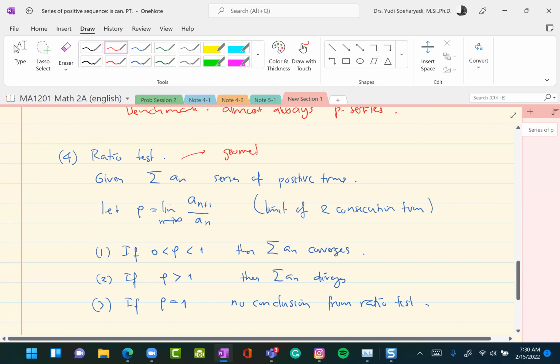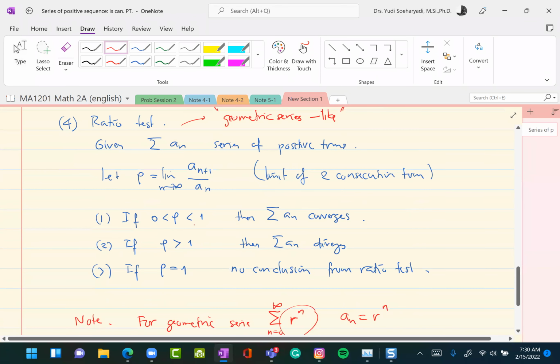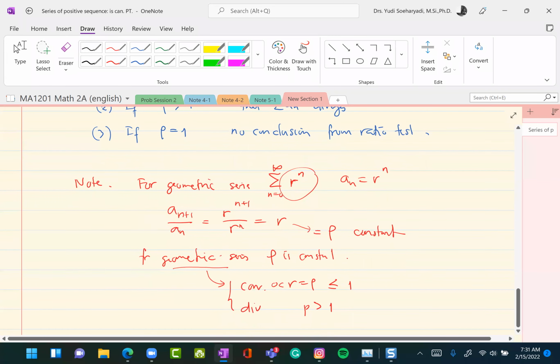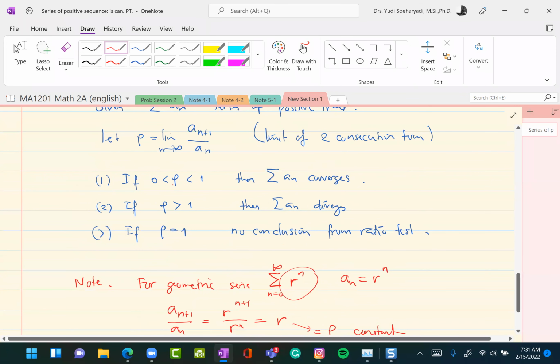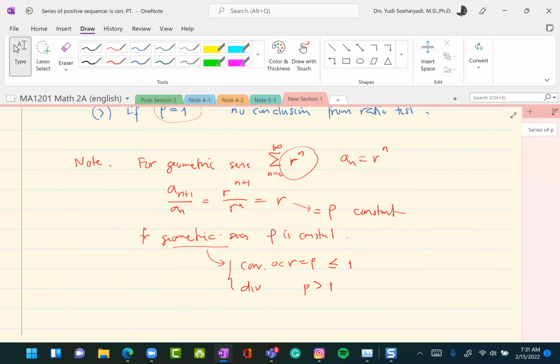I would say the conclusion is almost the same: converge if rho is less than 1, diverge for rho bigger than 1. The only difference is this one here, the critical case. All right, examples.